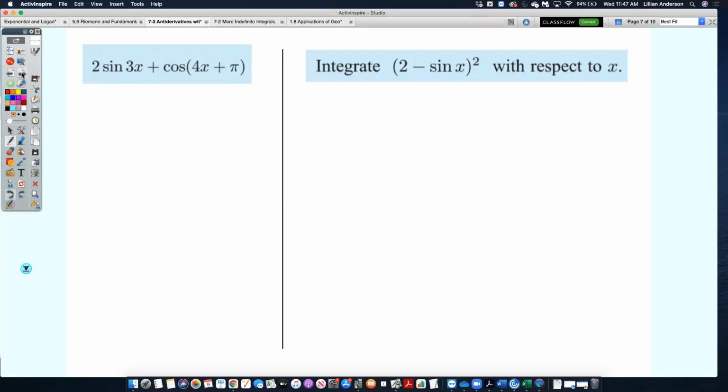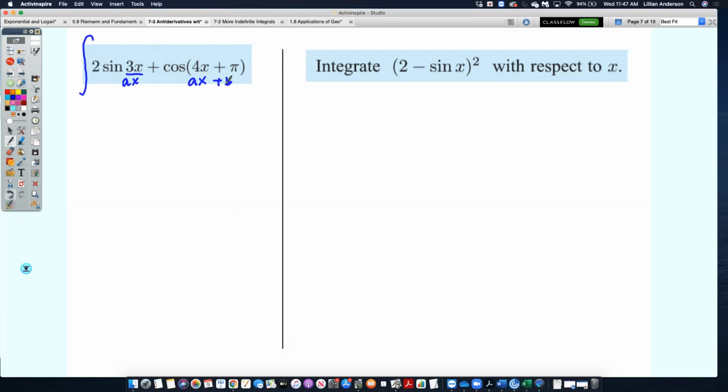Here we have 2 sine 3x plus cosine 4x plus pi. Both of these are linear factors. That 3x is technically that ax plus b part, and then of course here you have that ax plus b. You have a coefficient in front of the sine 3x, so it's going to be 2 times the antiderivative of sine 3x.